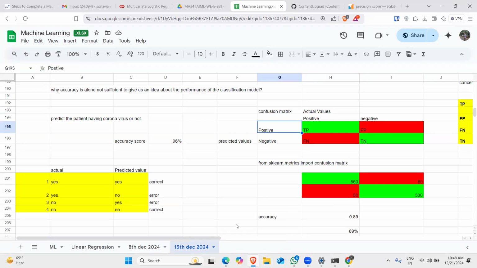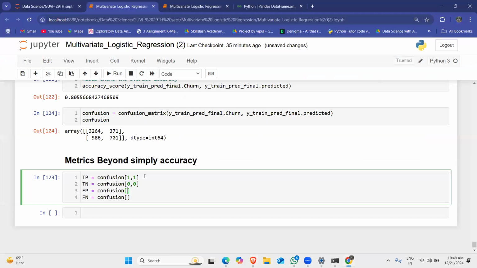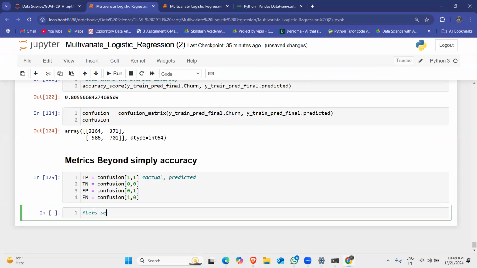Right? So the convention that we are following is first is for actual, second is for predicted. 0, 1, 1, 0.